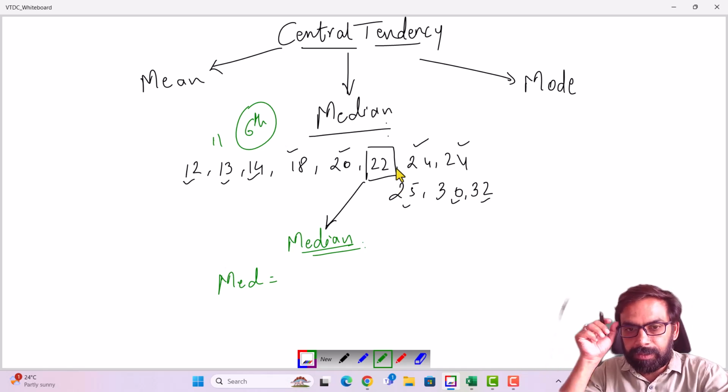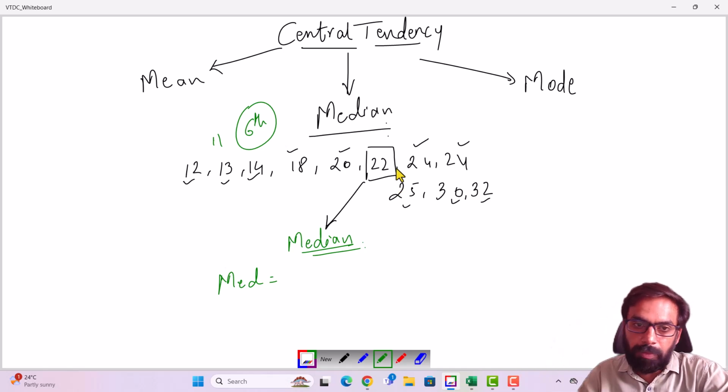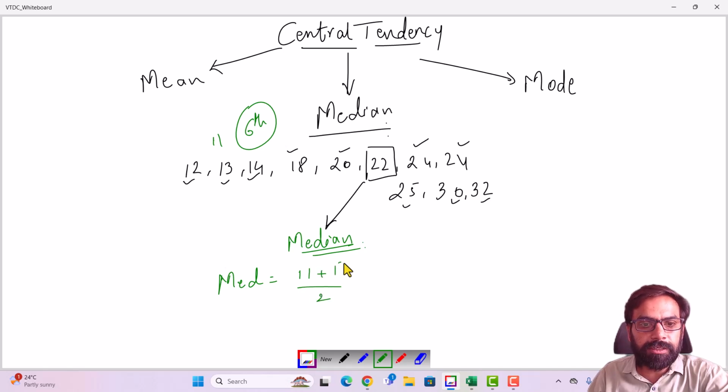Can you make up a formula between 11 and 6? Can I make it something like this, that the median was the (11 plus 1) upon 2th term, which in this case is the 6th term.